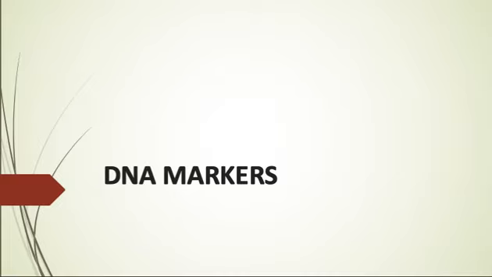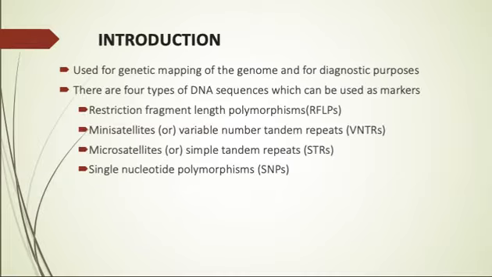So what are DNA markers? These are used for genetic mapping of the genome for diagnostic purposes. There are four types of DNA sequences which can be used as markers.